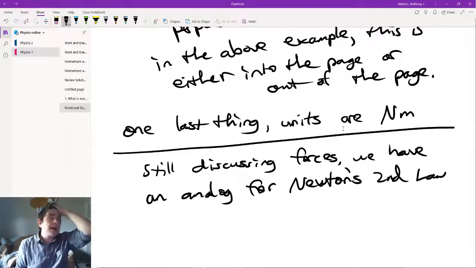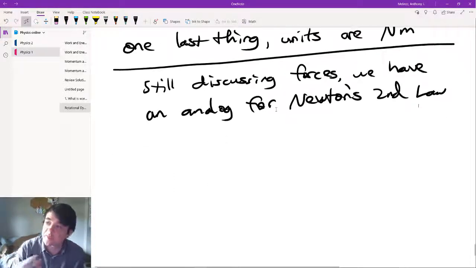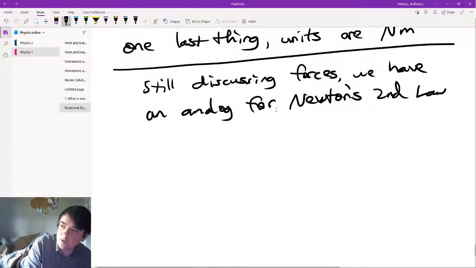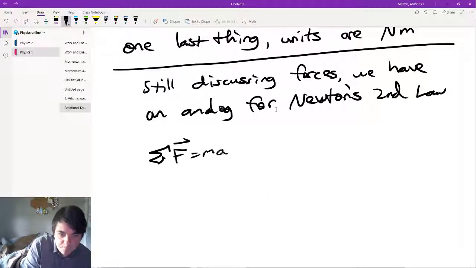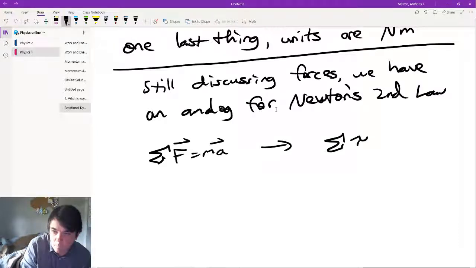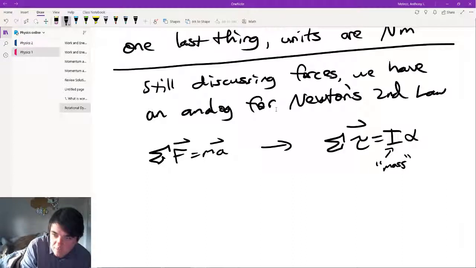Remember that when we were discussing forces, the big thing that we talked about was Newton's second law. And if you remember, that was a sum of forces, F equals ma. This turns into the sum of the torques equals I alpha. And this is our quote-unquote mass. Okay, this is our moment of inertia.